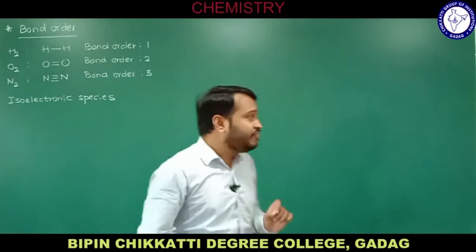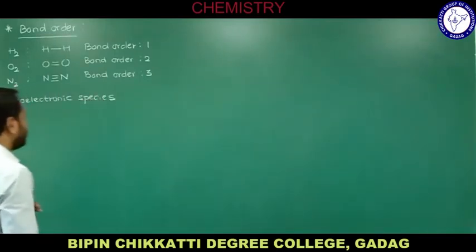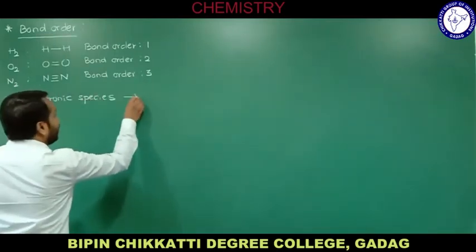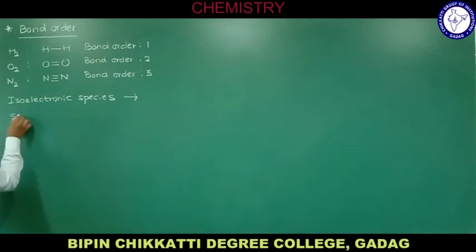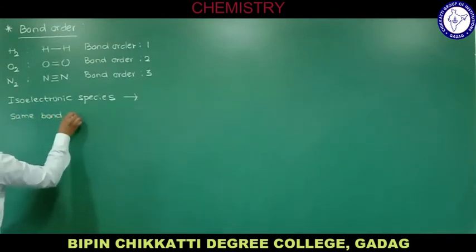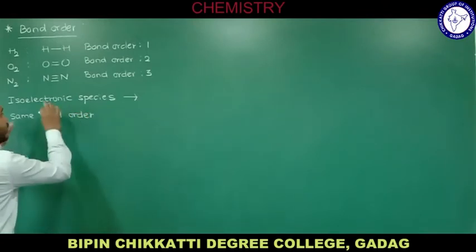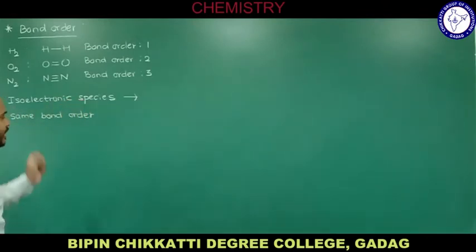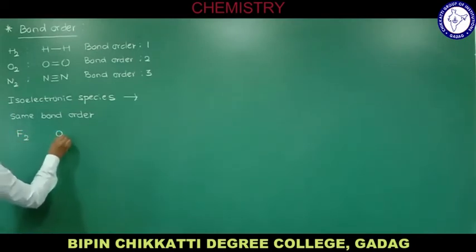If you have a collection of isoelectronic species, try to know that isoelectronic species are going to have identical or the same bond order. For example, consider F2 and O2 2 minus.